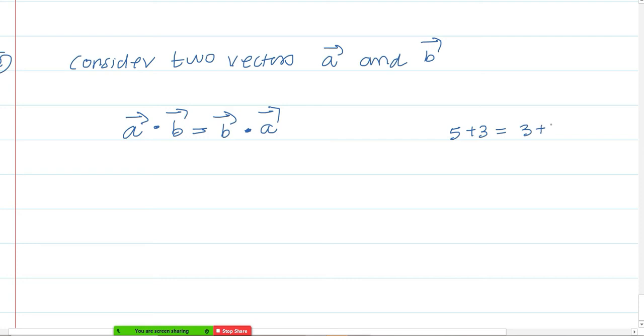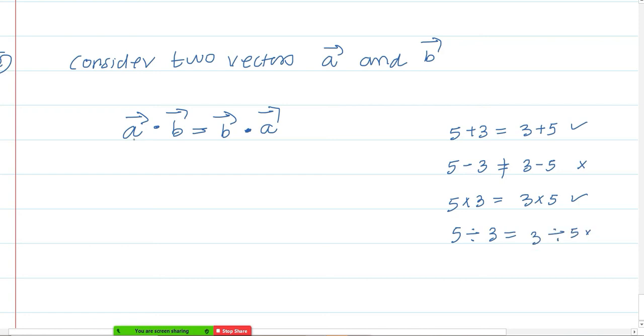These two results are giving 8. Whereas 5 minus 3 is not same as 3 minus 5. These two are not same. So here commutative property is not true in this case. Addition of two numbers is commutative. Even if you use the reverse way, it works. The same thing goes with 5 times 3 is same as 3 times 5. Multiplication is commutative, whereas division is not commutative.